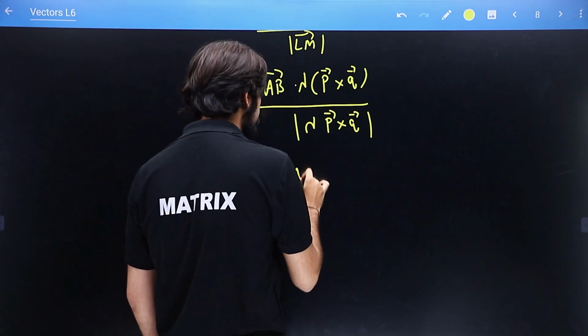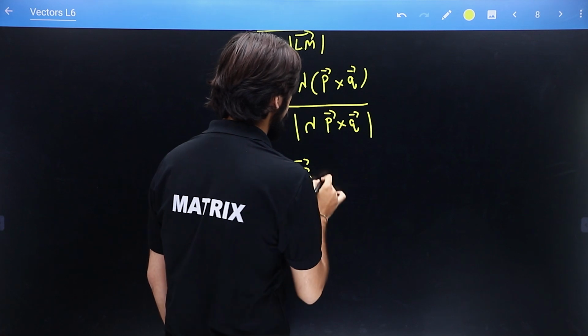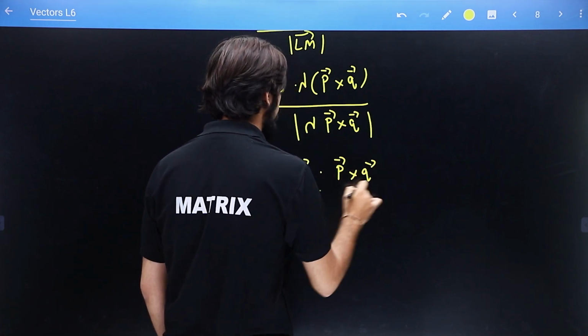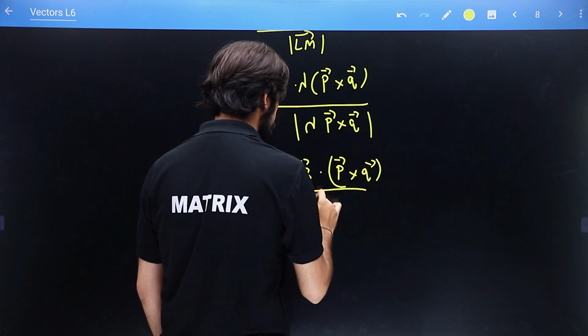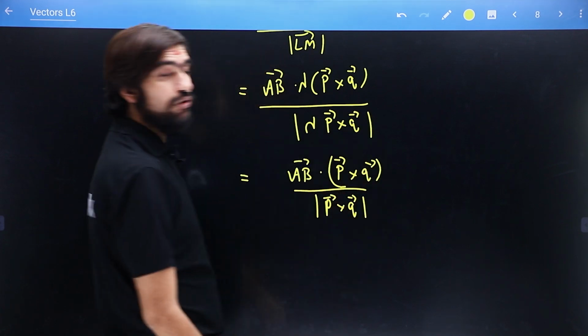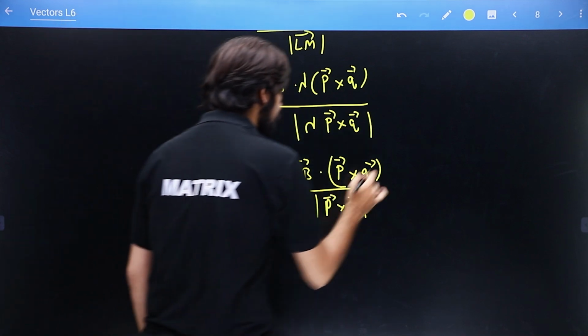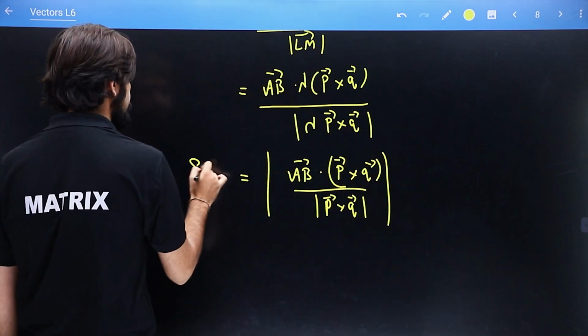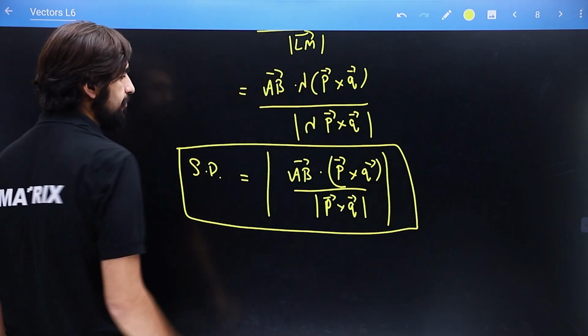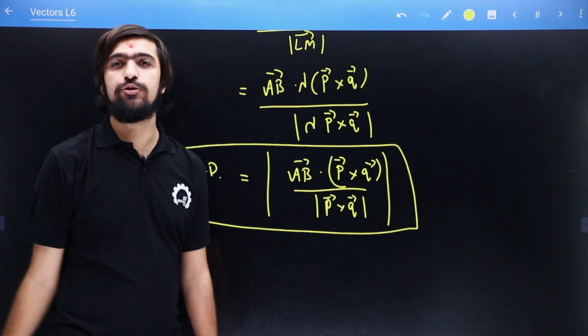So this will be AB dot P cross Q divided by the magnitude of P cross Q. Okay, we can take one more mod outside. Why? Because we are finding distance, and this value might be negative, so we put the mod. So this is the shortest distance between skew lines.